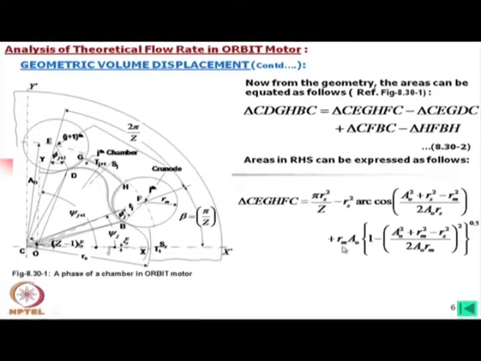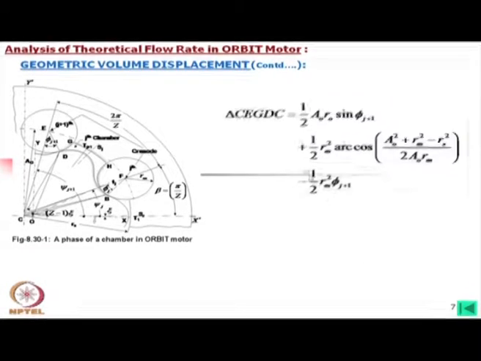Okay. Now, plus R m into A 0 into 1 minus this will give this area. So, we are going to get this area out of that.